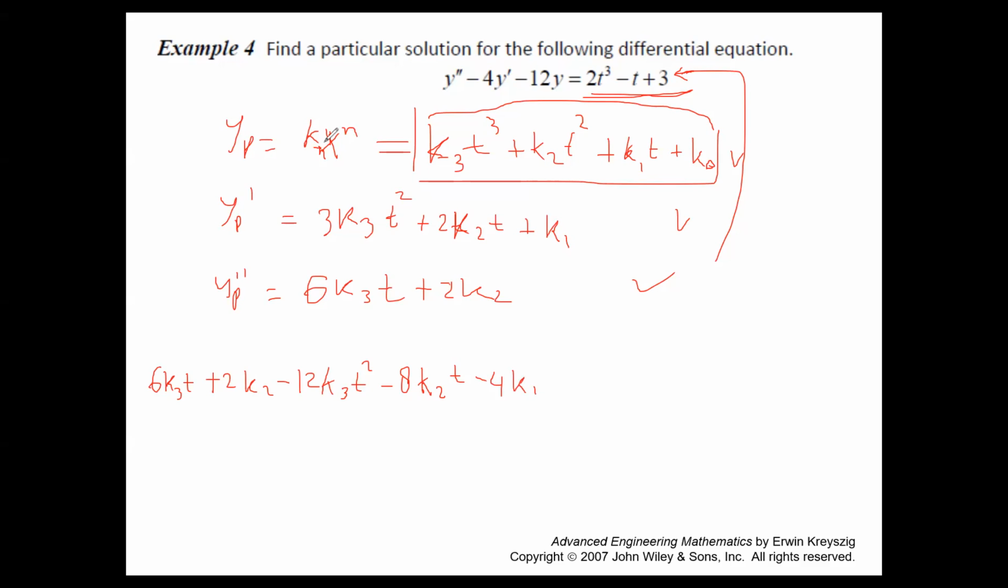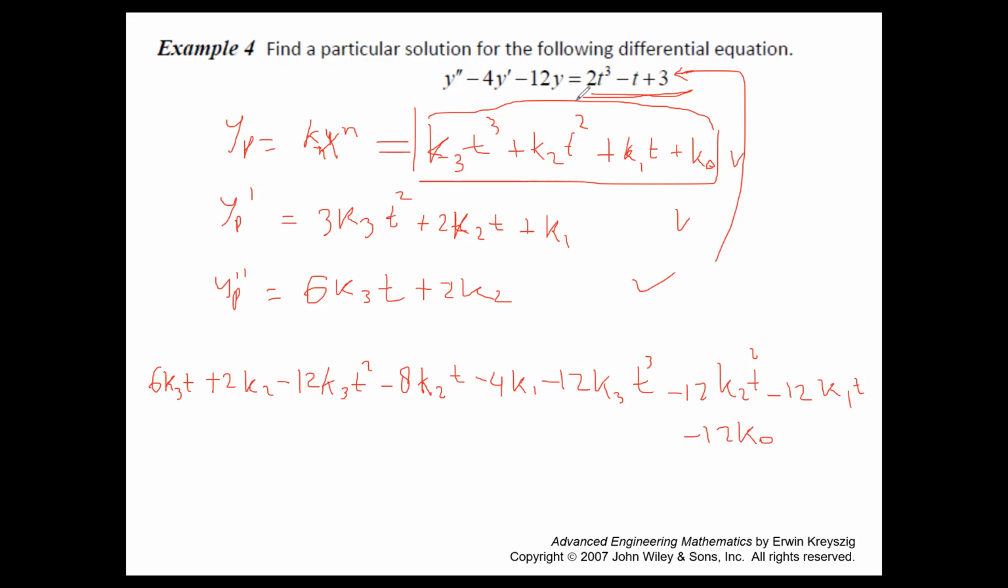And then the yp itself, this is minus 12 yp. So minus 12K3 t cubed, and then minus 12K2 t squared, and also minus 12K1 t, and then minus 12K0.